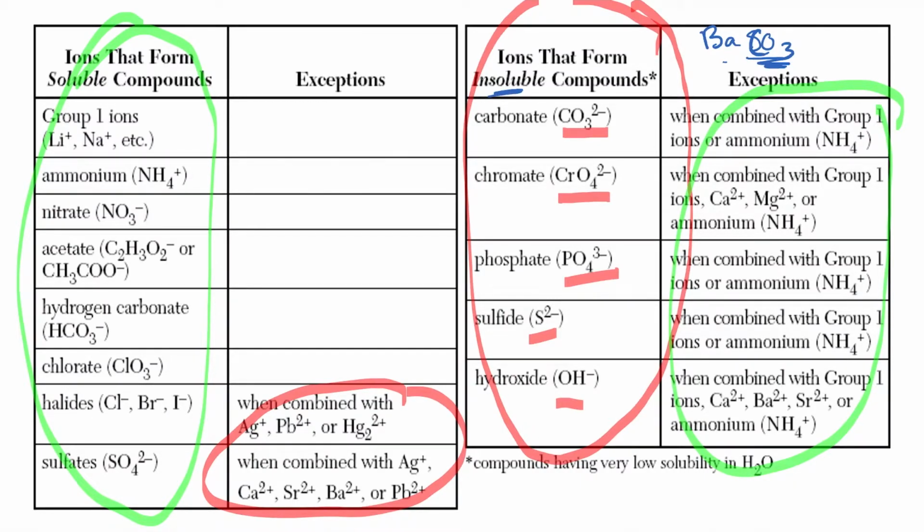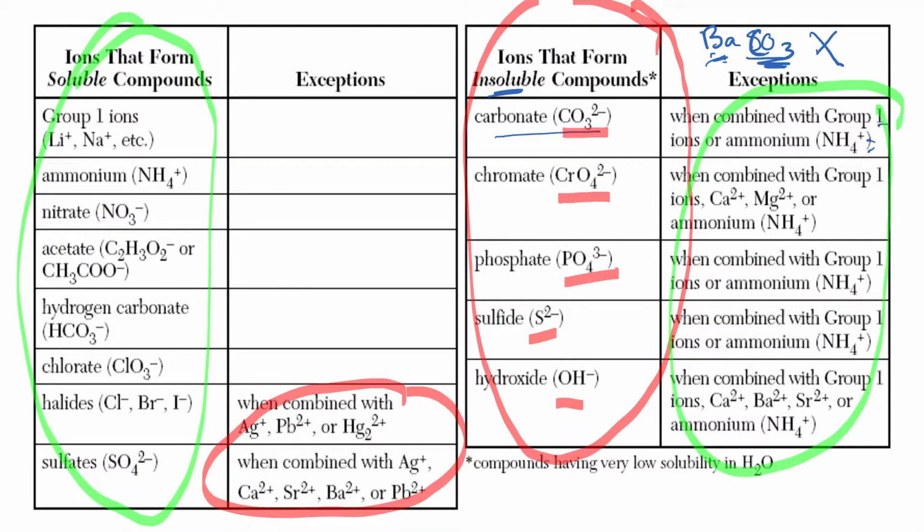CO3 is insoluble, and Ba is group 2, I believe. Let me just double check that. Yes, so Ba is group 2. So what this exception says is that anything attached to carbonate is insoluble except group 1 or NH4. But since Ba is in group 2, this is an insoluble compound. And that's how that would work.